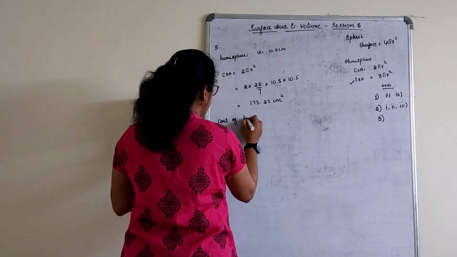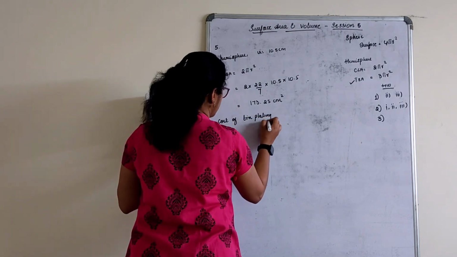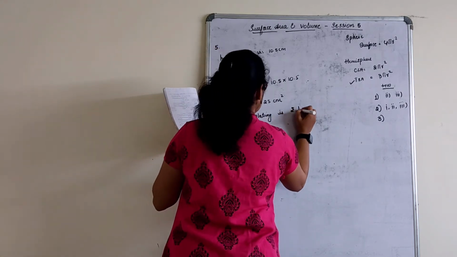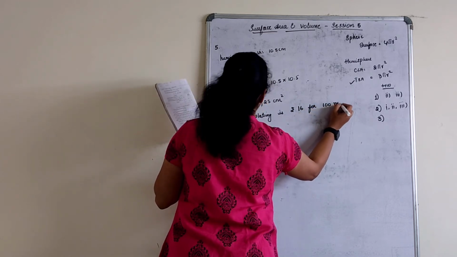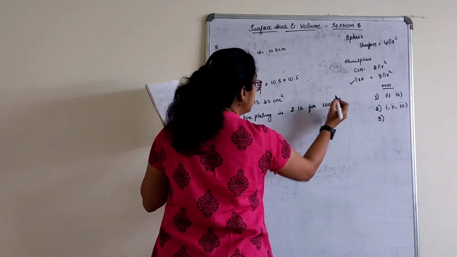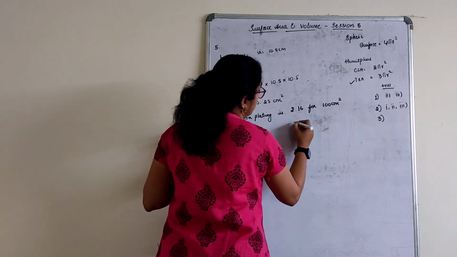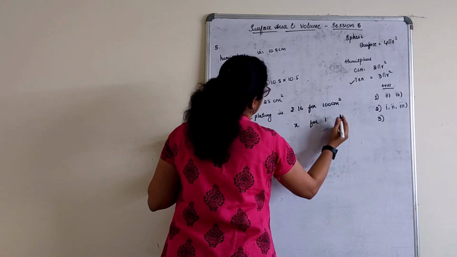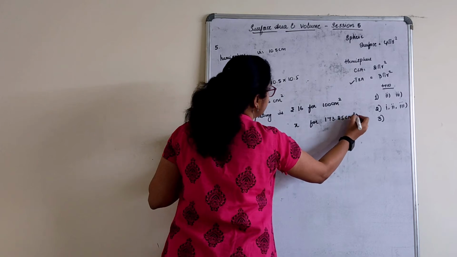Next, the cost of tin plating is rupees 16 for 100 centimeter square. Therefore, what is the cost for 173.25 centimeter square?